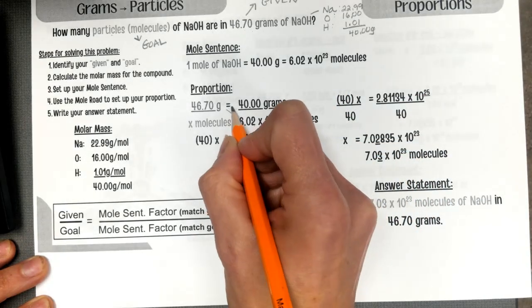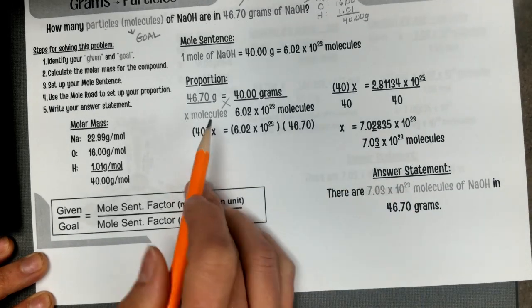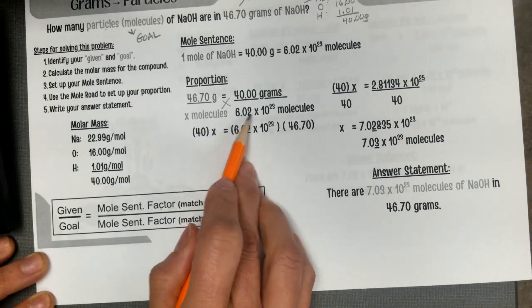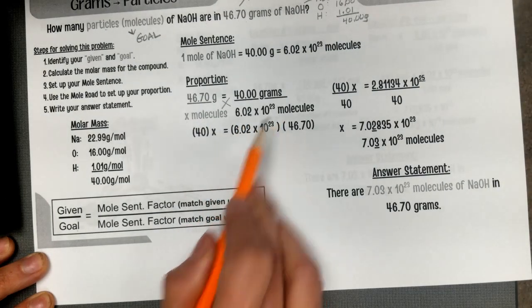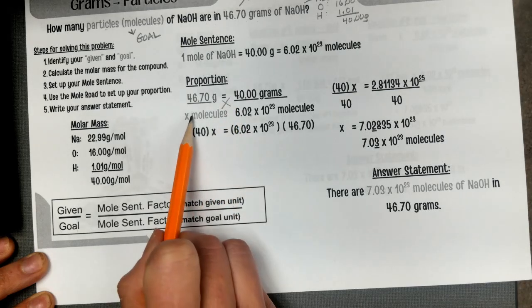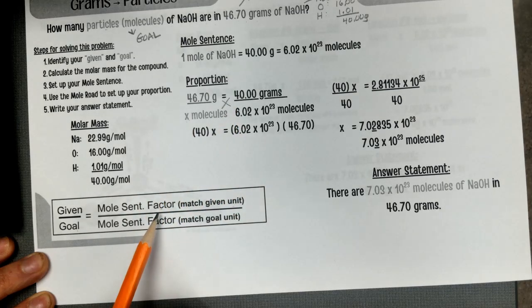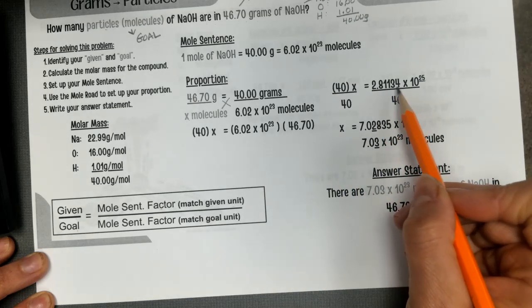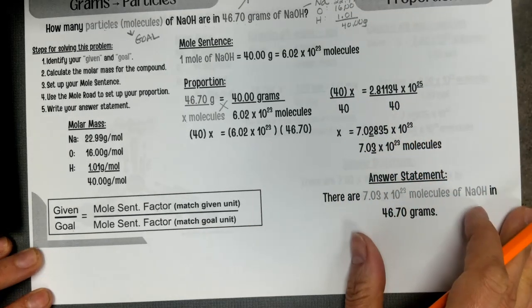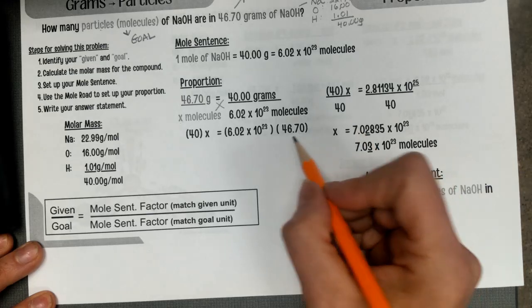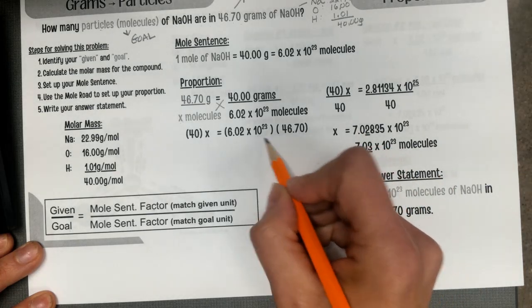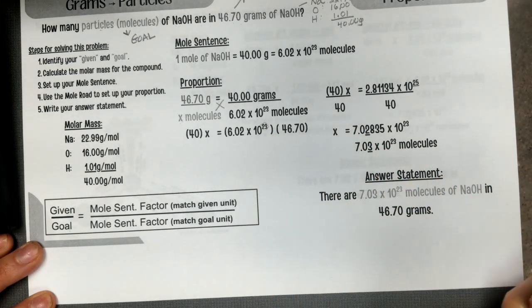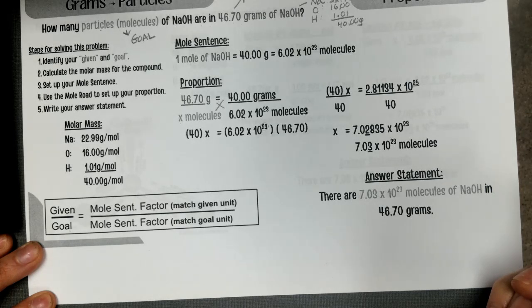Now I'm going to cross multiply. So 46.70 times this large number is going to be equal to 40 times x. So when I put this in my calculator, I get this number. So always make sure it makes sense. So if I'm multiplying those two together, this number should be going up because I'm making my larger number.